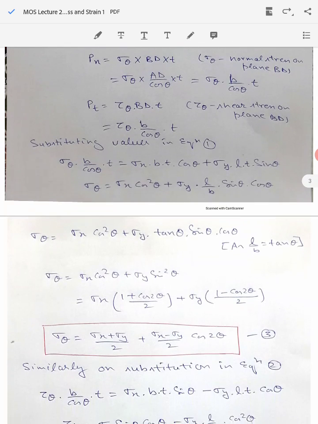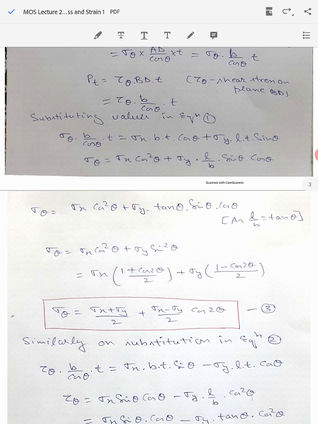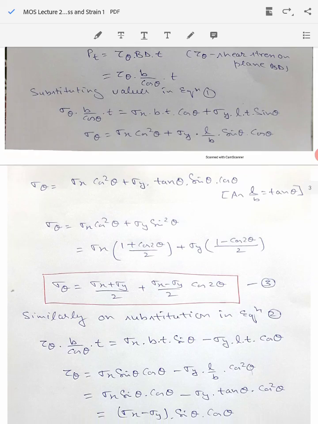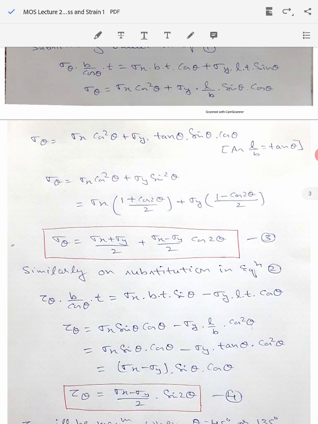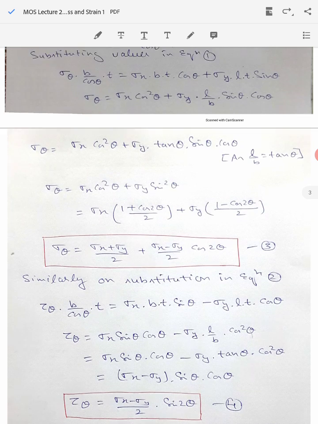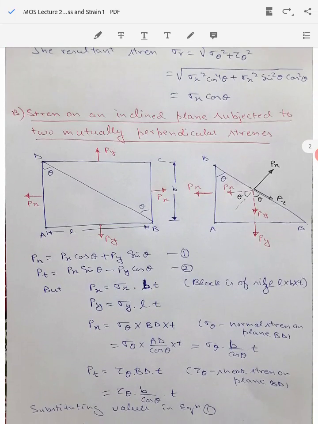Now this expression can be further simplified by substituting tan theta in the place of L by B. If you can see here, the tangent of angle theta will be equal to length divided by width.